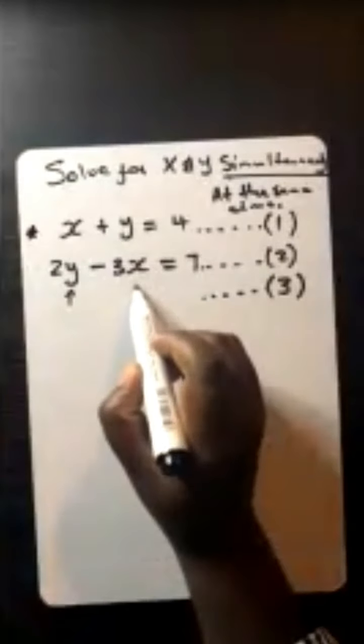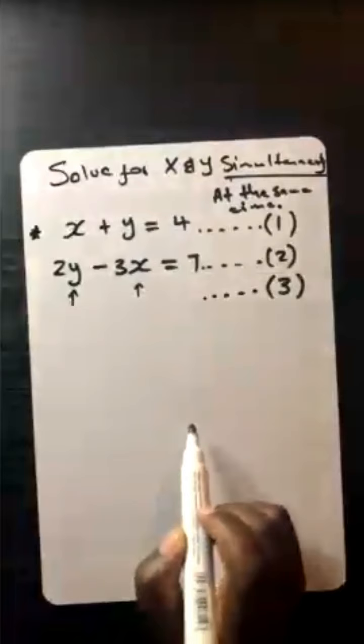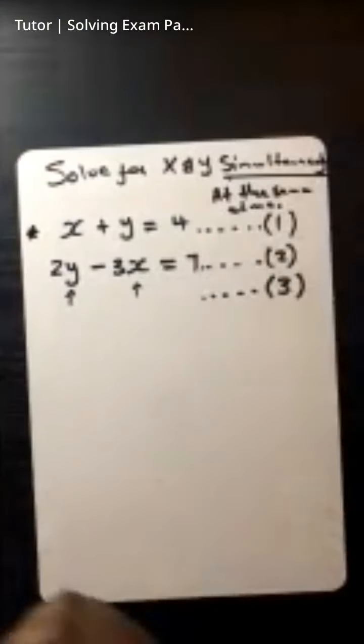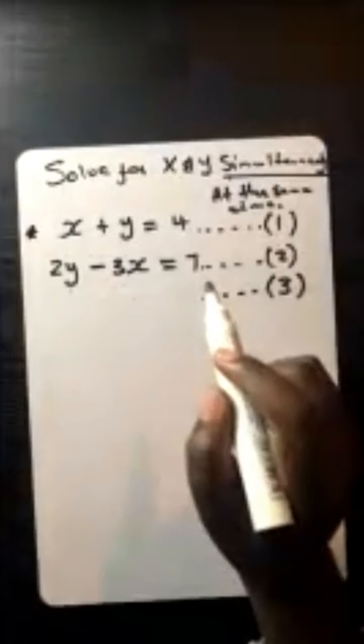If I substitute it there, I'm multiplying with negative 3. Even though it doesn't matter whether you make x or y the subject of the formula, whichever you choose, you can still get the correct answer. But for now, I just want to show you using that method that I say is simple.